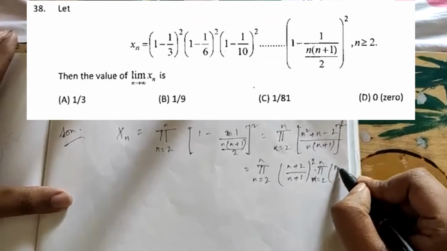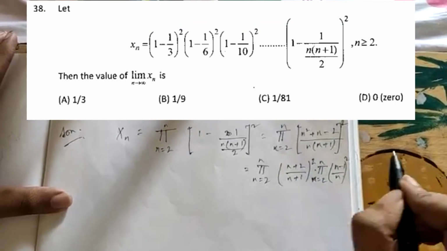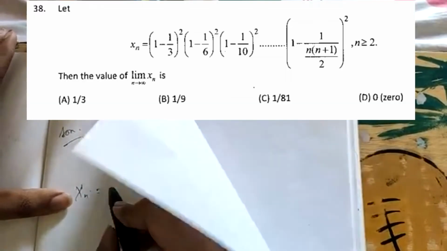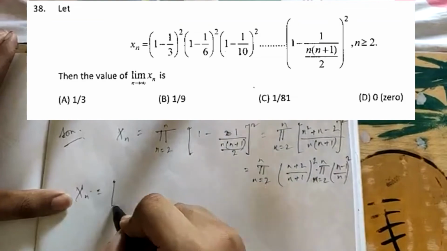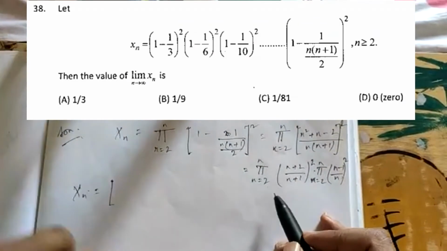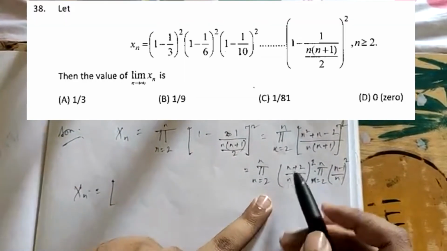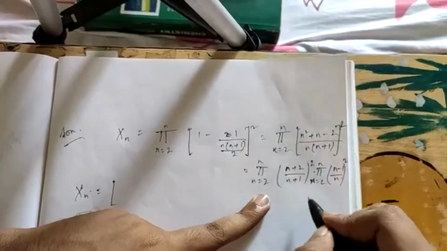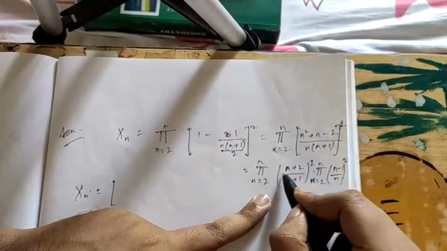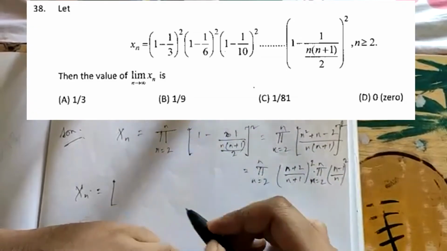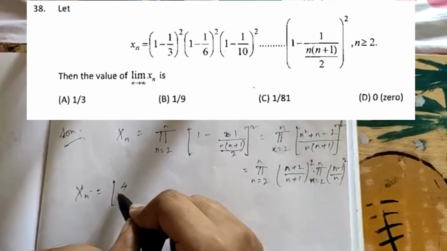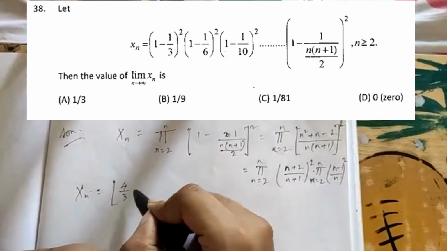It will come as n minus 1 by n square. So now xn will be equal to, if I put n equal to 2 in here, then it will come as 4 by 3, that is 2 plus 2 is 4 by 2 plus 1 is 3.